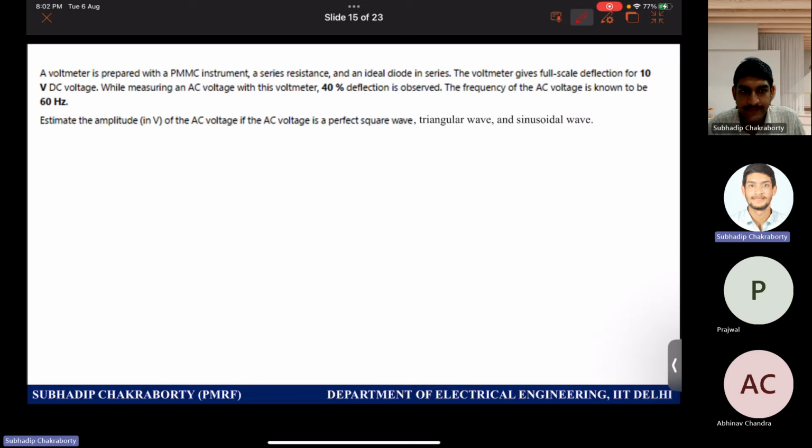So now you see we have a voltmeter with a PMMC instrument with a series resistance, as you know, to increase the internal resistance of the voltmeter, and an ideal diode in series.